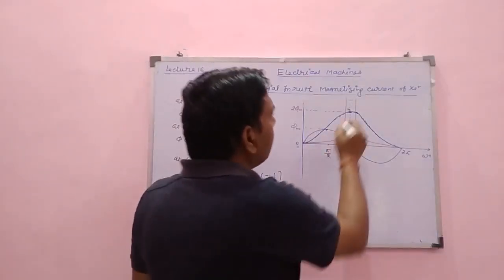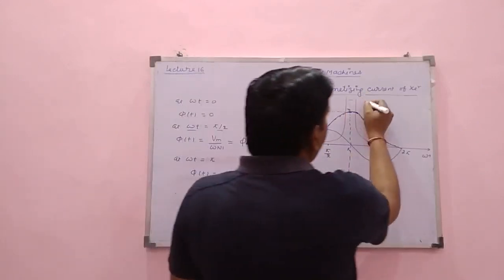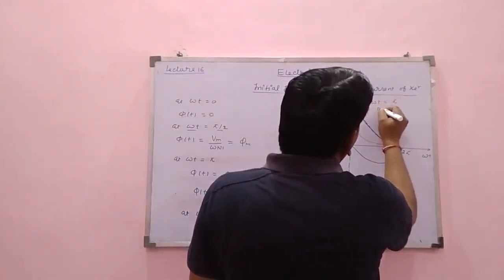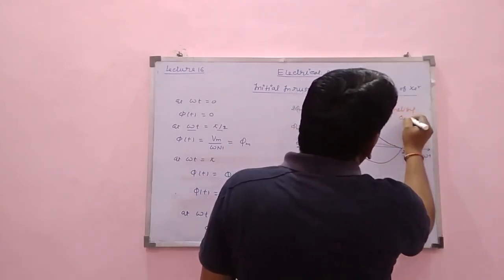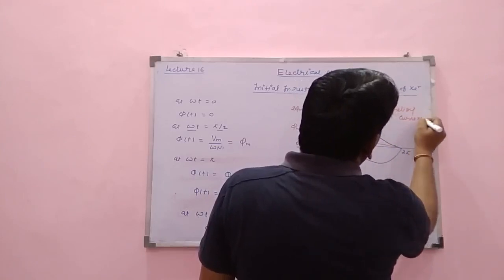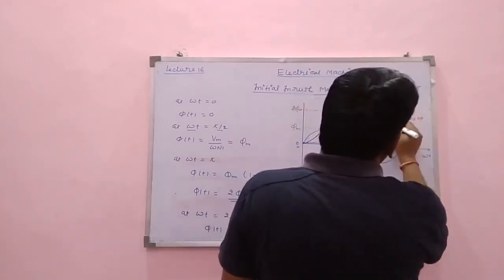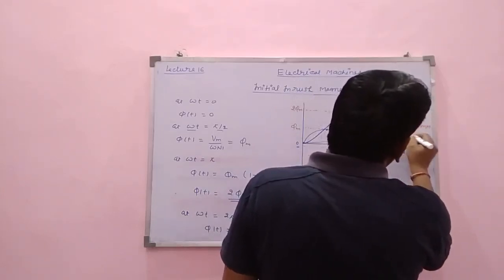And the amount of this current is very large at pi. So at omega t is equal to pi, the magnetizing current is equal to 10 to 15 times the rated value.